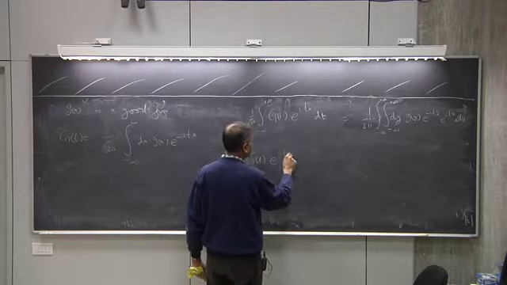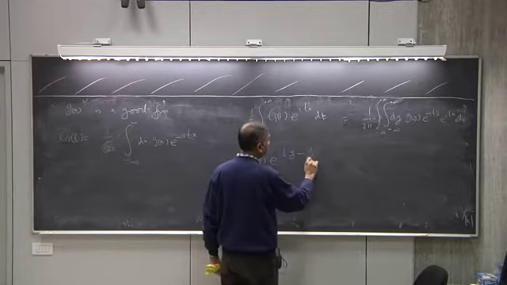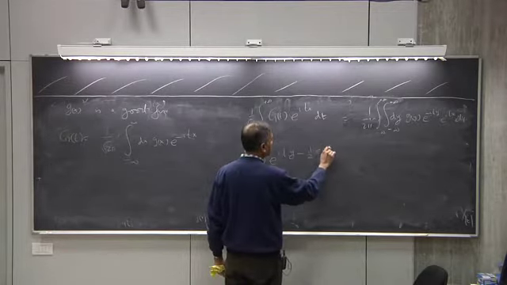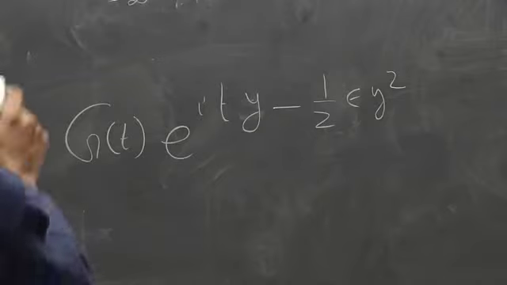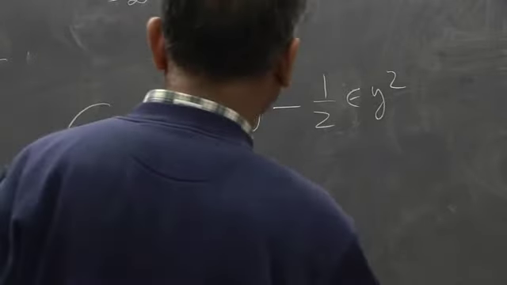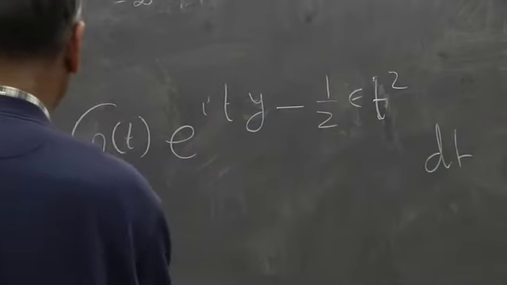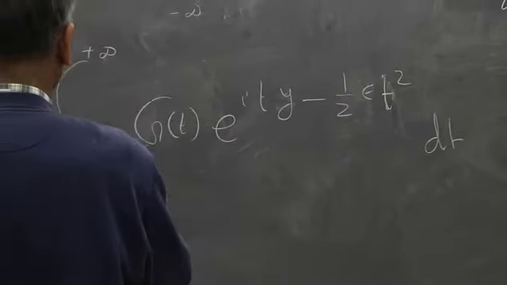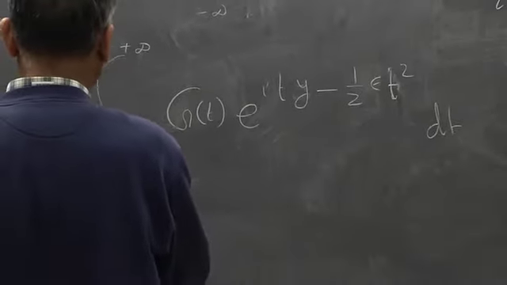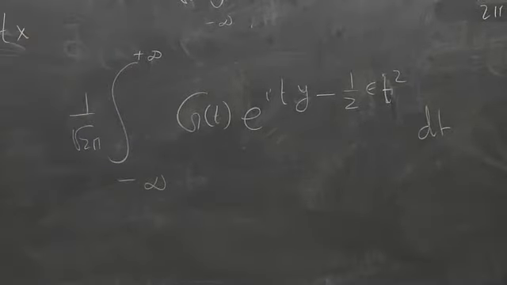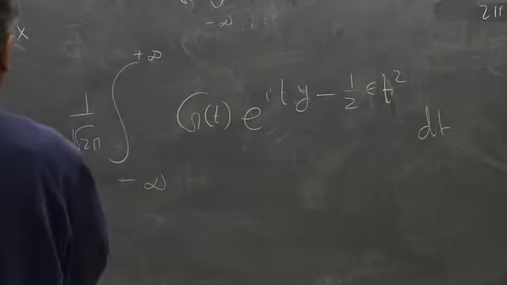Define something like this: e to the i t x minus 1/2 epsilon t squared, dt. Consider this object. Okay, and let me just call this some g tilde.